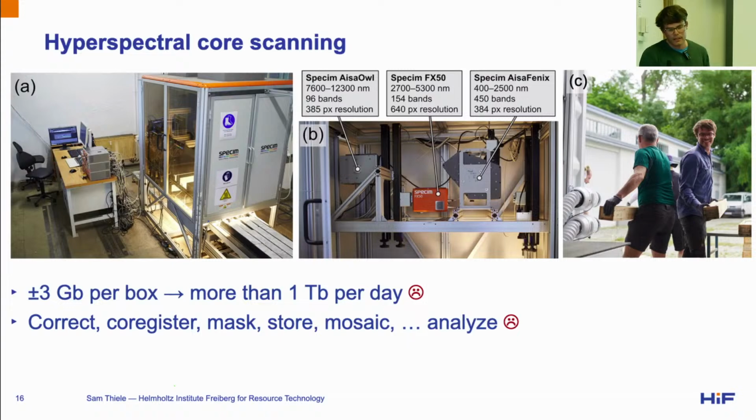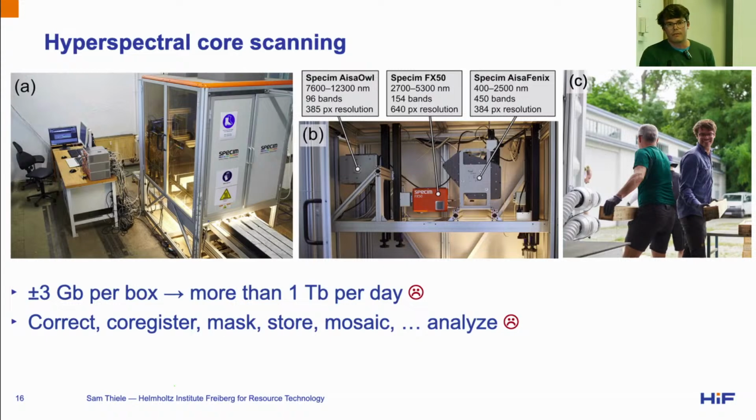On top of that, the camera gives you a raw image of radiance, more or less. And you need to correct that to estimate the reflectance, so the material property, the spectra you're interested in. Typically, you want to co-register the different images from the different sensors, because otherwise you can't compare the pixels from different spectral ranges.